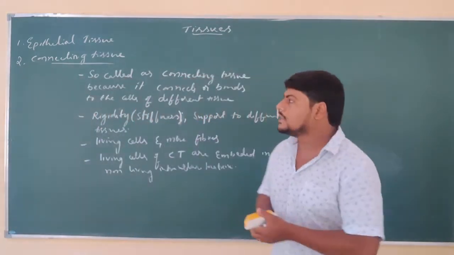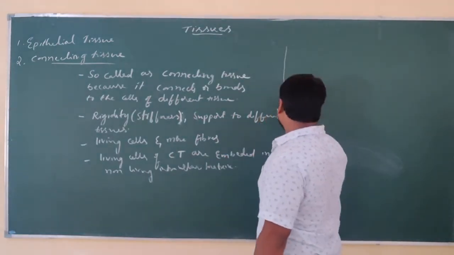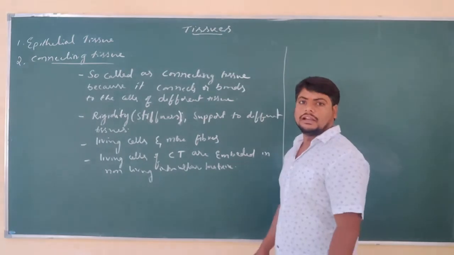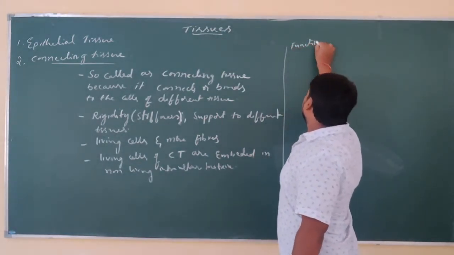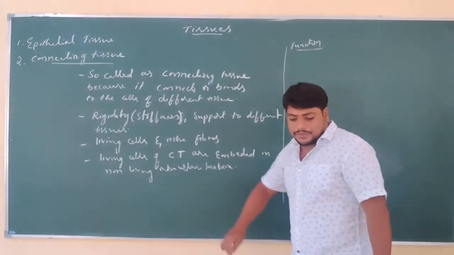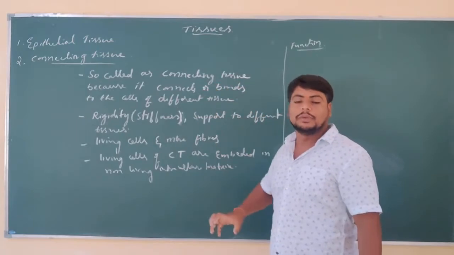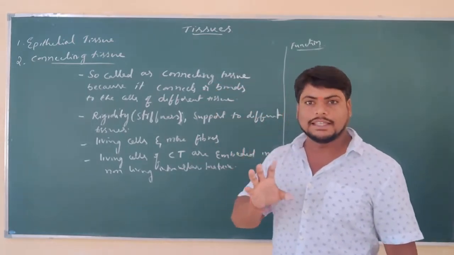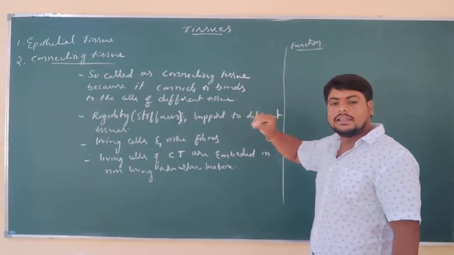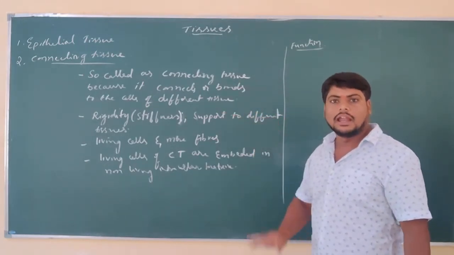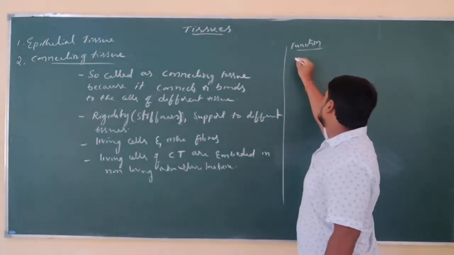Understand? Let us see some functions of a connecting tissue. What is the function of the connecting tissue? As we have seen, it is called connecting tissue because it connects different parts. This type of tissue connects muscle to the skin and muscle to the bone. That is an important function.